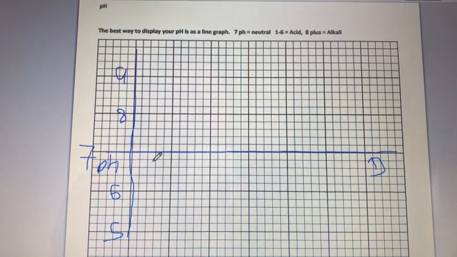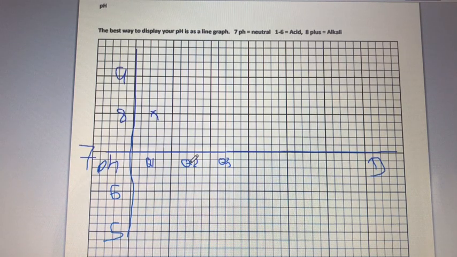So we're going to start at the sea with quadrant 1, and then this will be quadrant 2, and then quadrant 3, and we're just going to plot it as a line graph. So if at quadrant 1 my pH was 8, I'll do a nice little cross.